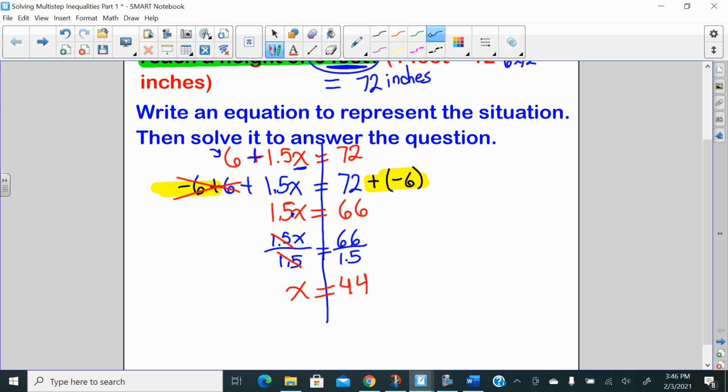So that would mean, to check, that I'd have 6 plus 1.5 times x. I think x is 44. And let's find out what it equals. 6 plus 1.5 times 44.